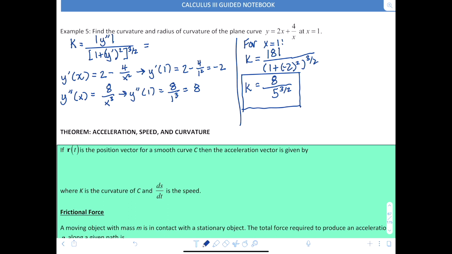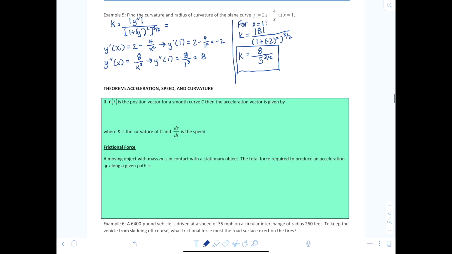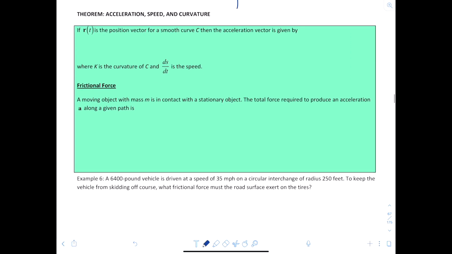Cool, cool? All right. So now, acceleration, speed, and curvature.